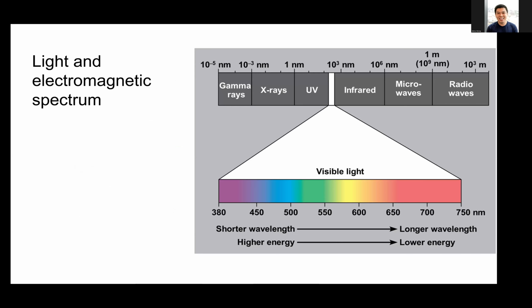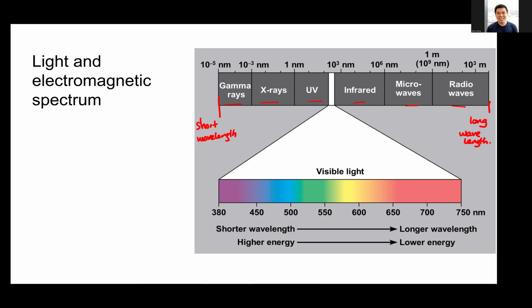We're going to take a little bit of a detour and talk about light as an electromagnetic spectrum. Light has two particular properties, which are wavelength and energy level. Light exists in multiple spectra, going from very short wavelength to very long wavelength, and there are many different types of light.